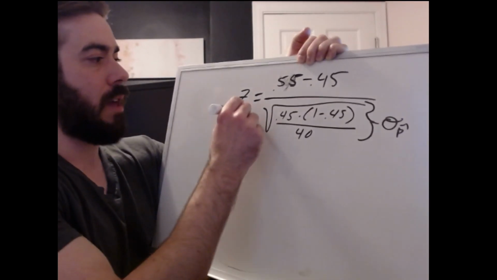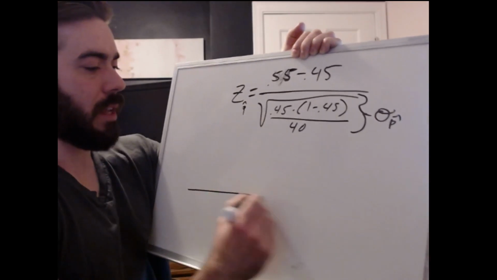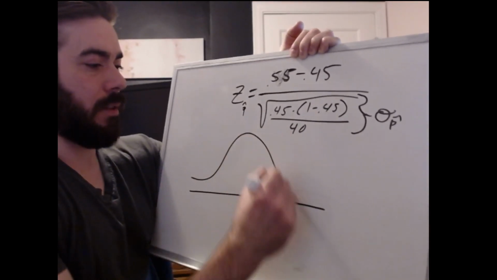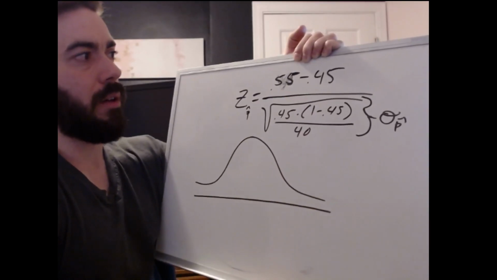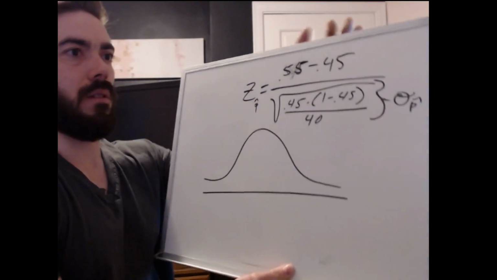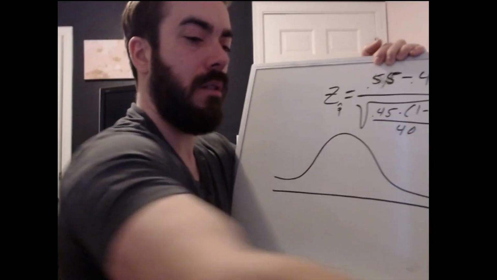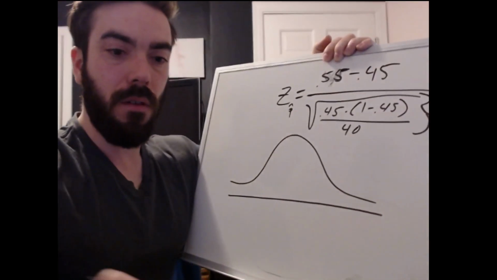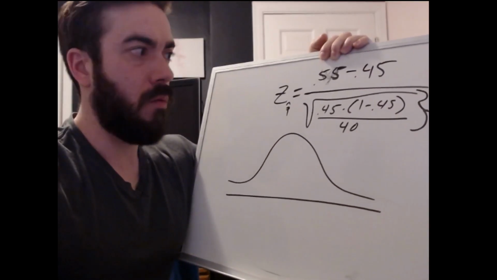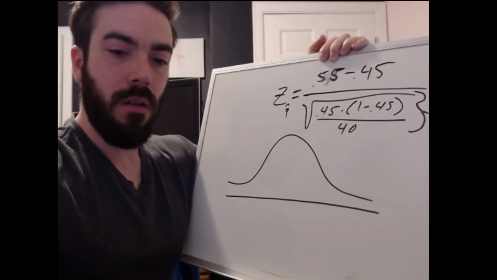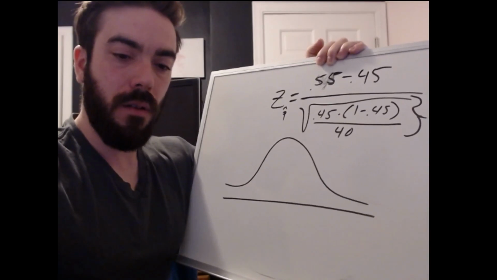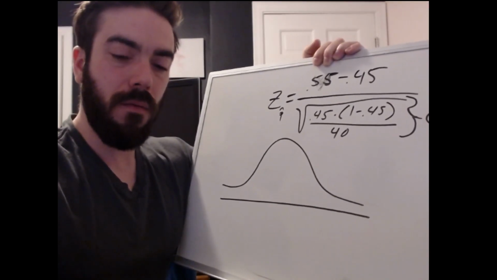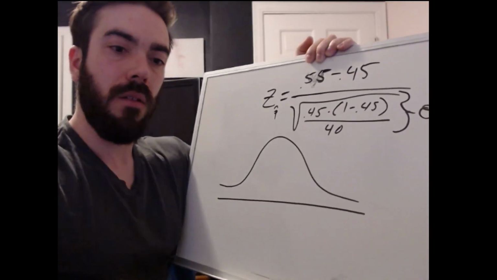But once I do that, you think about it, I have a 2-tailed test. Right? So once I put this into my calculator, and I can actually do this real quick in front of you: 0.1 divided by the square root of 0.45 times 0.55 divided by 40.